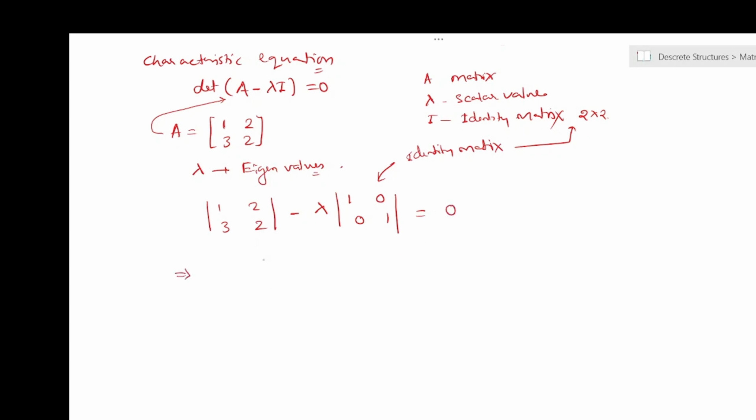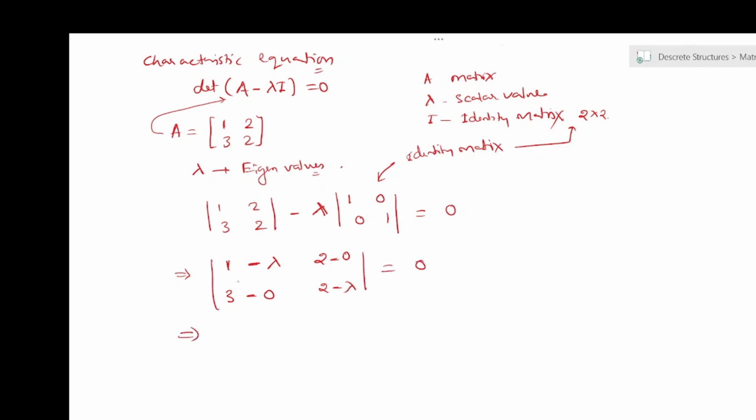This implies 1 minus lambda, since lambda is multiplied to this whole matrix, so it is 1 minus lambda, and 2 minus 0, 3 minus 0, and then 2 minus lambda, and this is equal to 0.